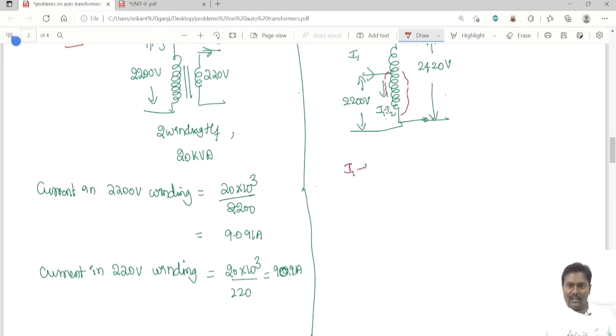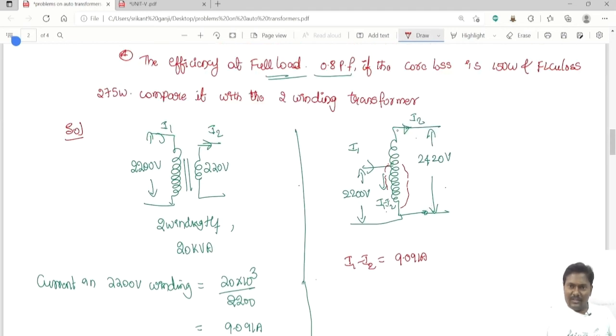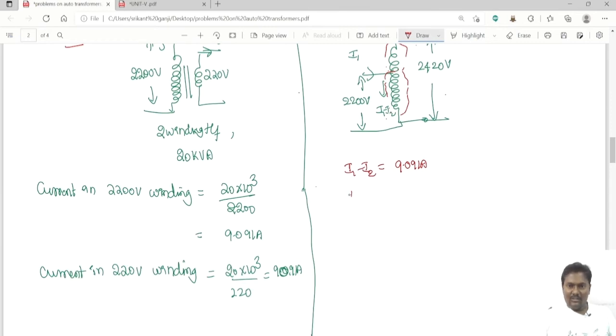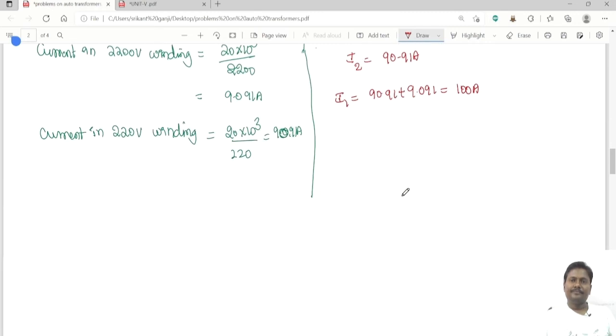Now I1 minus I2 should be equal to 9.091 amperes, and the current flowing in this winding, as a shortcut method, is I2 equal to 90.91 amperes. Then I1 is equal to, if you apply KCL at this point, 90.91 plus 9.091, which is approximately 100 amperes.